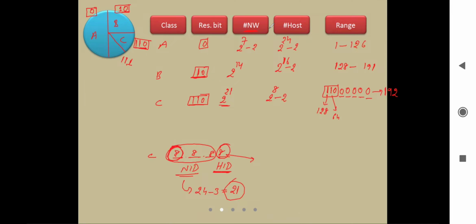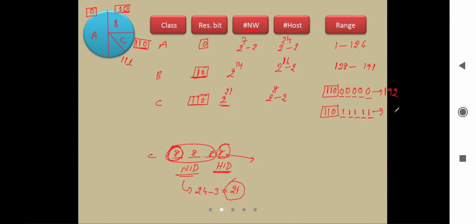Now we need to find out the maximum range. What will be the maximum number? So here it is 110, and after that 5 places are remaining, and I will put all ones, 5 times 1, right? Now find out the value for this one. What will be the value of this one?